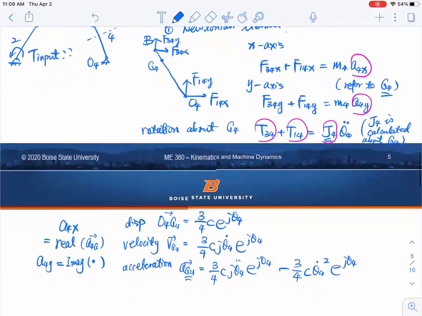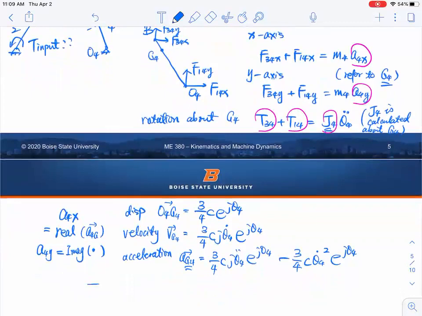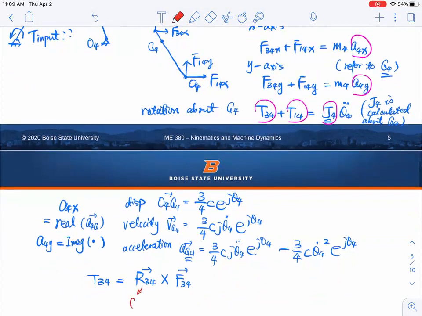And then the same thing, you need to find your new T34. The torque 34 again is R34 displacement vector, cross product F34. And then we have to go back to the definition. This R34 is a position vector. It starts from the center of rotation, starts from J4, and it ends at where the force is applied.